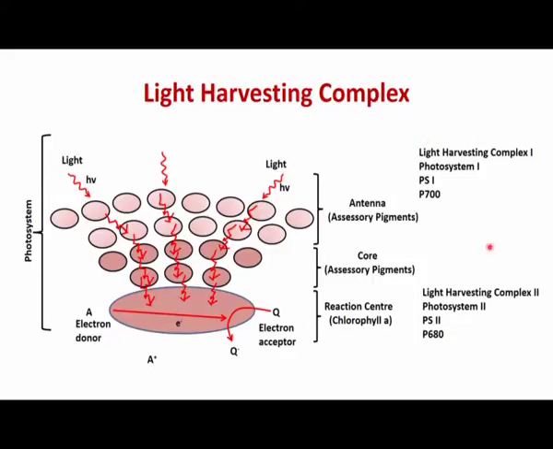The antenna complex of light harvesting complex 2 consists of 20 to 25 chlorophyll molecules, beta carotene and lutein molecules.